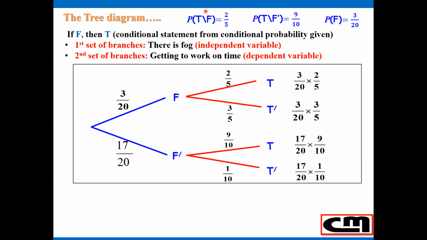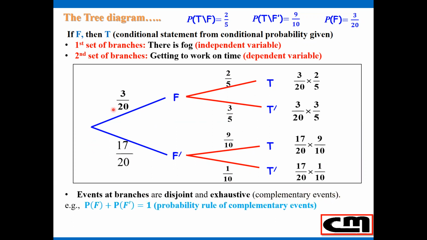So the next thing is how do we fill the probabilities in the branches, right? You should notice that events at branches are disjoint and exhaustive. That is, they are complementary events, right? For example, I have this set of branches.